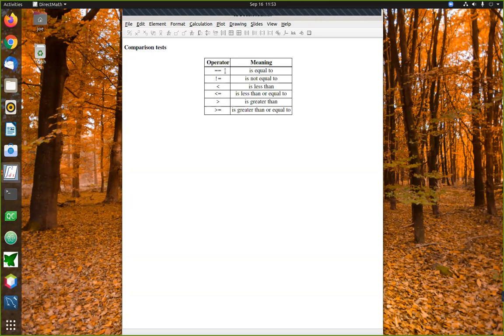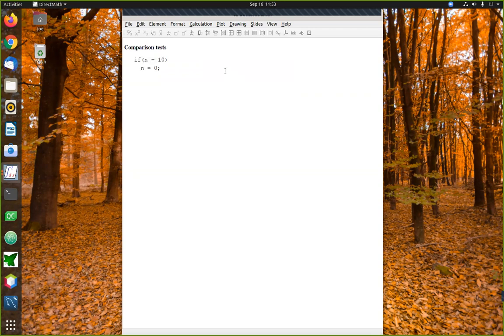This is the comparison operator that asks the question, are two things equal to each other? A very common mistake that beginning programmers will make is they forget that for that type of comparison, you have to use 2 equal signs and not 1. And that leads to this mistake.